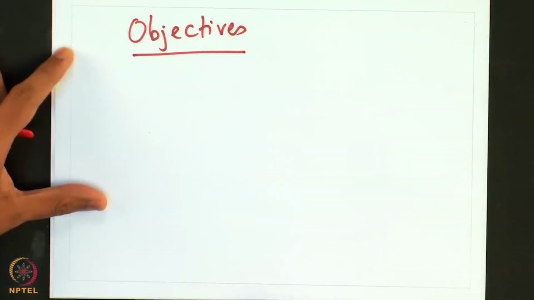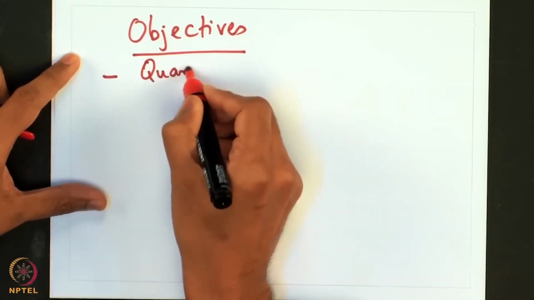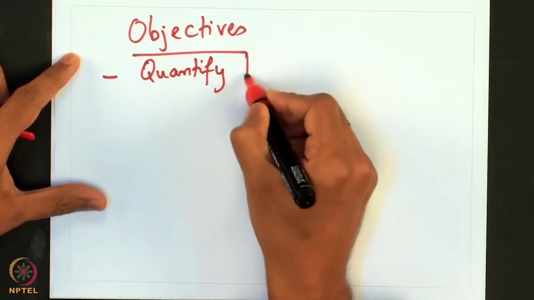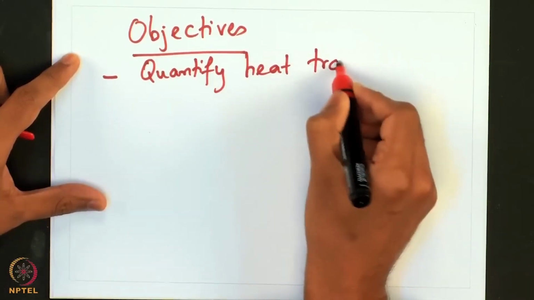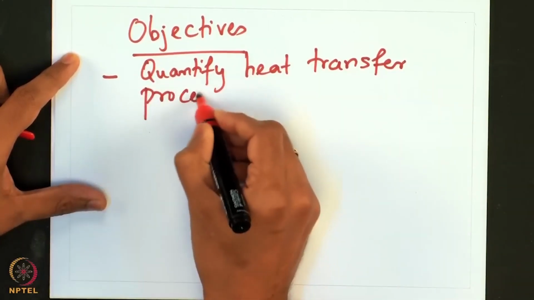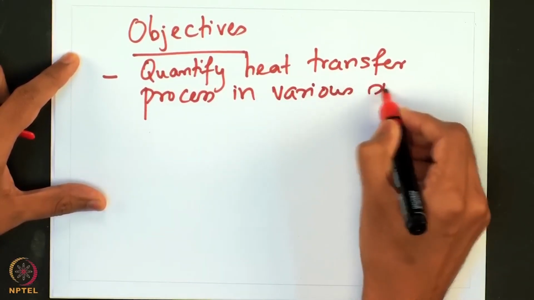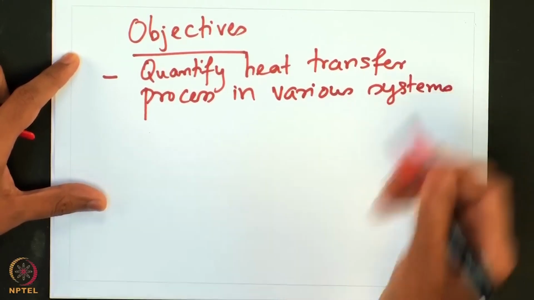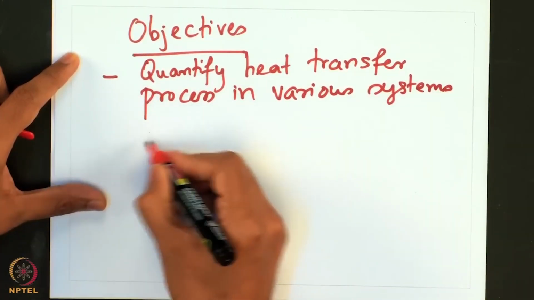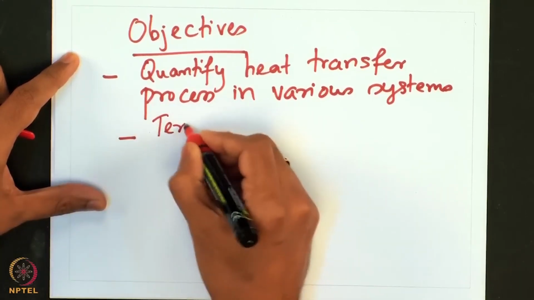Let us look at what the objectives of this particular course are. The primary objective of this course is essentially to quantify the heat transfer process in various systems. In particular, we will start by looking at various terminologies.